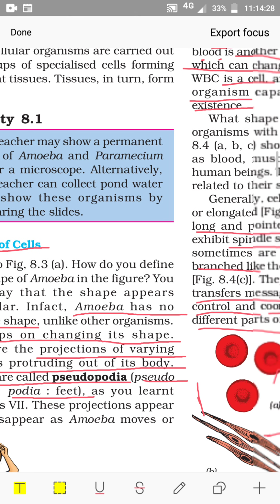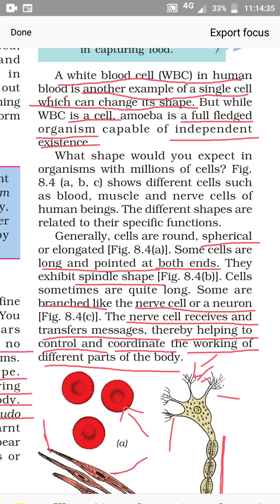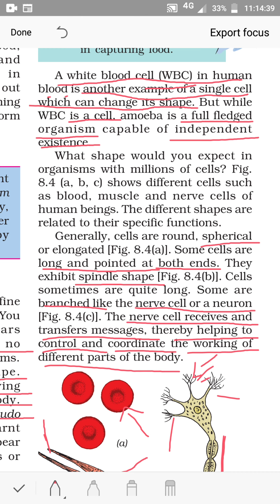It is quite interesting to know that there is a white blood cell in the human body. The white blood cell or WBC in human blood is another example of a single cell which can change its shape. So an example of a cell which can change its shape in the human body is WBC or white blood cell.